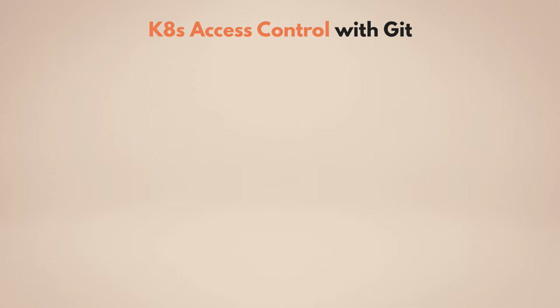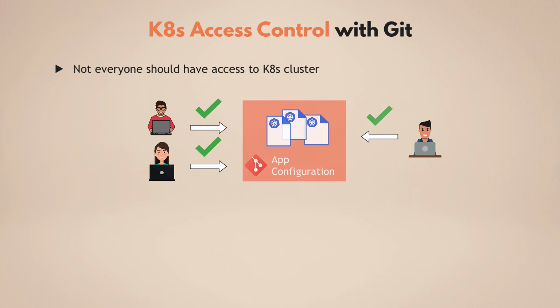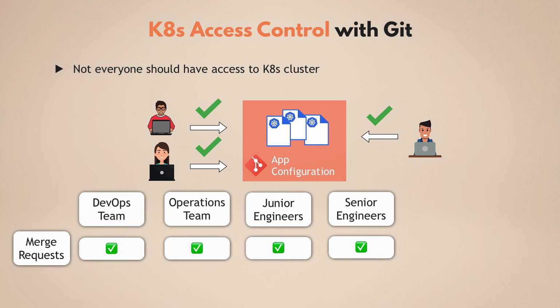Now, of course, you don't want every team member to be able to make changes to the cluster, especially in a production environment. So again, using Git, you can actually configure access rules easily. You can say every member of the DevOps team or operations team, even junior engineers, can initiate or propose any change to the cluster and make pull requests.